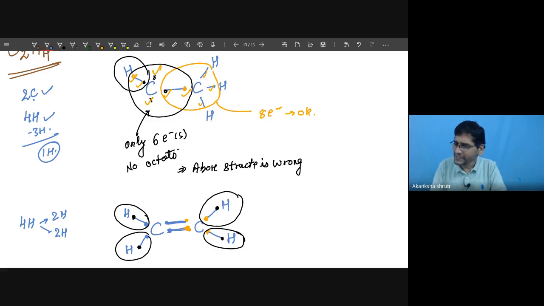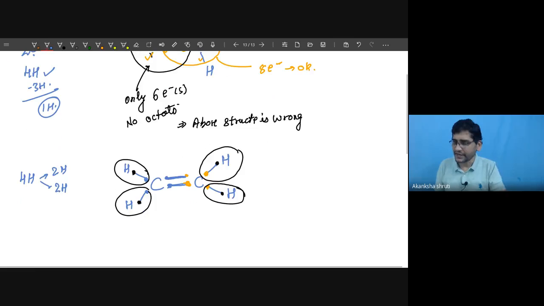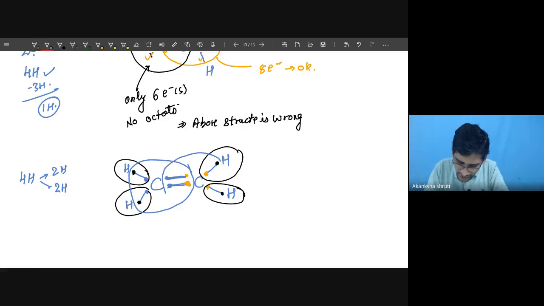Now, student, please count the electrons of carbon and hydrogen. For the left carbon, what is the area of control? It is up to this much. For the right carbon, what is the area of control? It also goes up to the shared electrons, so it is up to this much. So how is the structure?